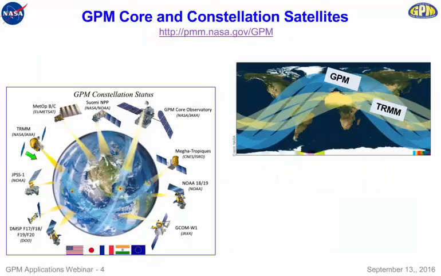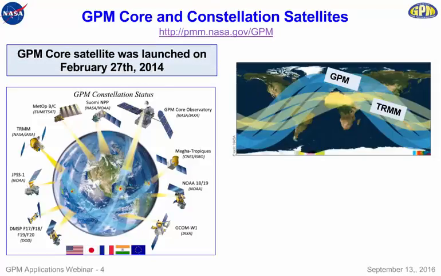So to start with, GPM, as most of you may know, is a constellation program. There is a core satellite, and then there are a number of international satellites. They work together to provide global precipitation. The GPM core satellite was launched on February 27th in 2014, and you can see all the other constellation satellites.